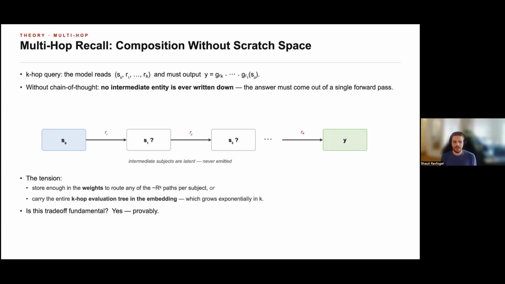Then it's impossible to come up with an efficient solution. So we need to store enough information in the weights to be able to answer any of the possible R to the power of k paths, depending on the k relations that we are going to compose. Or alternatively, we're going to have very large embedding matrices where we store every possible composition in the embedding. And we're going to show that this trade-off is fundamental.